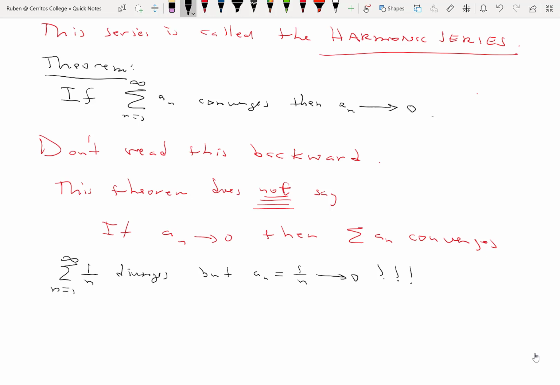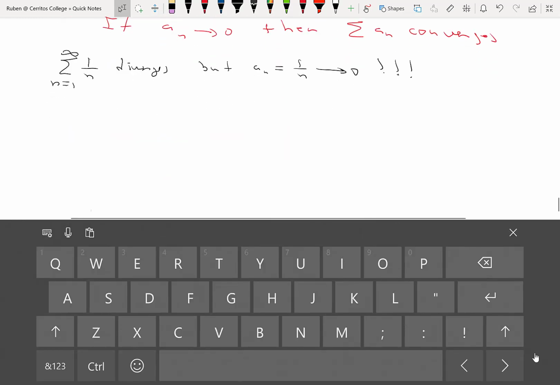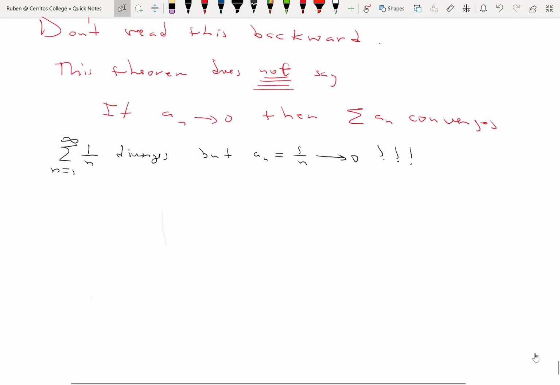The theorem says that if your series converges, then the general term must approach 0. It does not say the reverse. We can reverse the theorem if we negate the statements in the theorem. This is how we actually use this theorem.